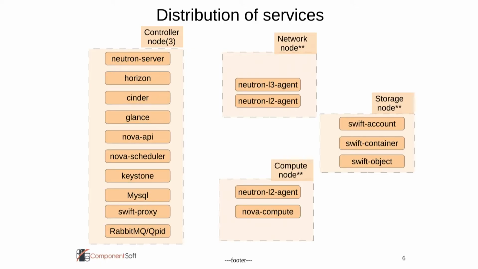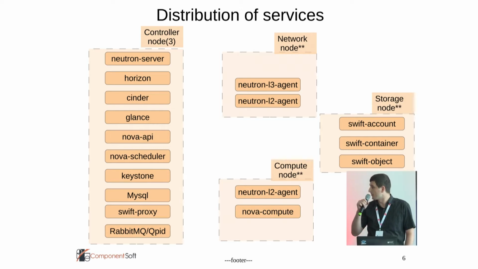So the next question is how you can distribute those projects. Each and every project usually has a few components, and it's up to you to decide where you want to place them. This diagram shows one possible combination of how you can distribute these services.